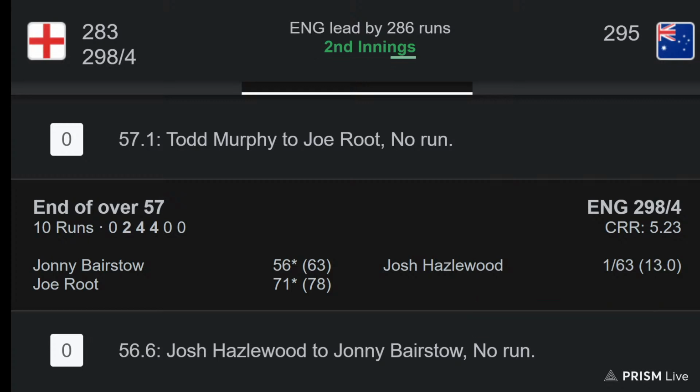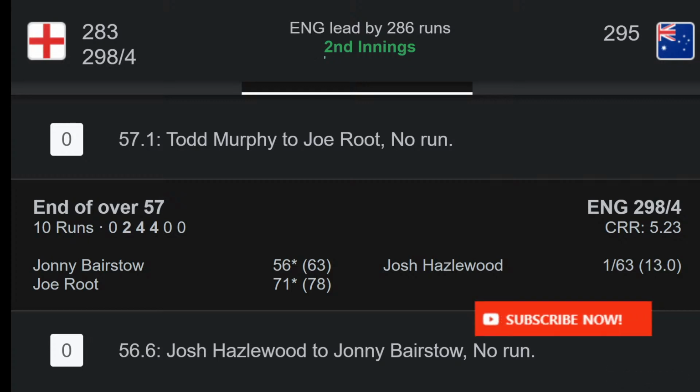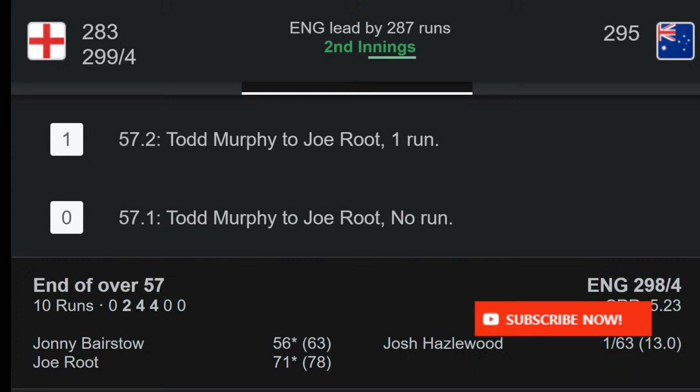Finally, in the third test, England won the test, and in the second test that was also very competitive, but unfortunately England lost in the second test, and in the fourth test also due to rain, the game has been washed away.